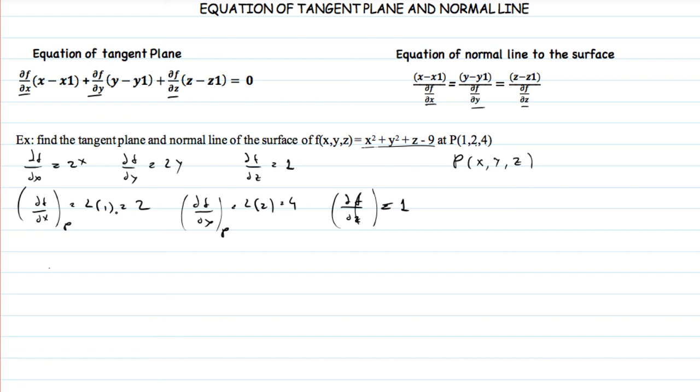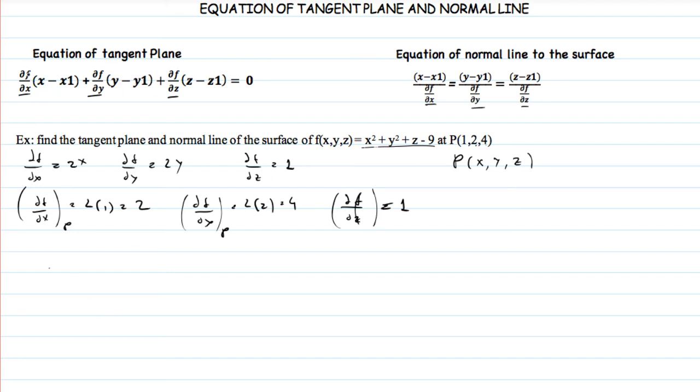Now we are assured that whatever equation we get from these values of the partial derivatives is going to give us a surface and a plane that touch at that point. The next thing we have to do is represent this equation by replacing the values. This is going to give us the equation of the tangent plane.